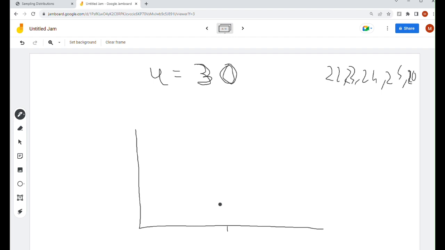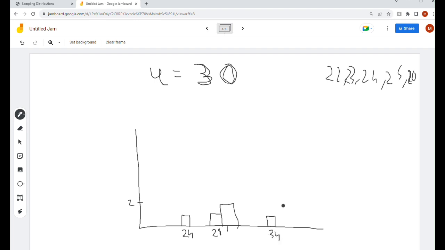Like 2 of them had the age of 30. One of them had the age of 29. One of them was maybe 24. And the last one was 34, right?